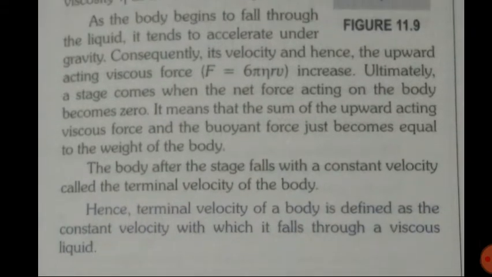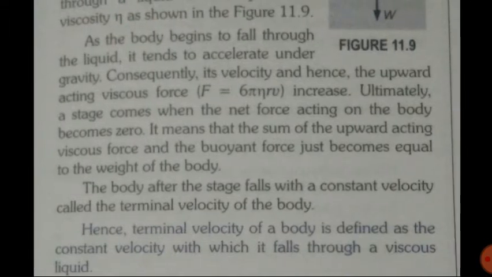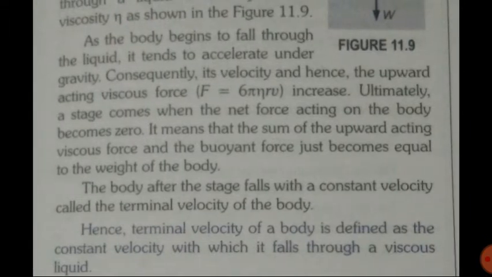Now, when the object falls in a liquid, what happens? When the body begins to fall through a liquid, it tends to accelerate under gravity. Gravitational force acts on every body.